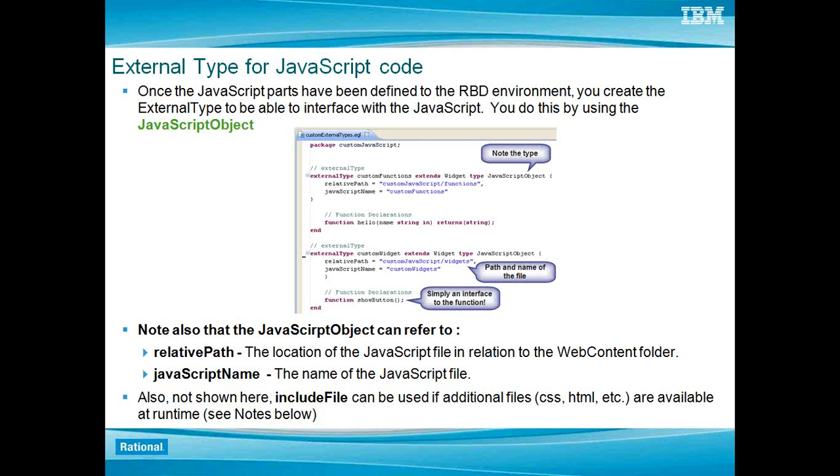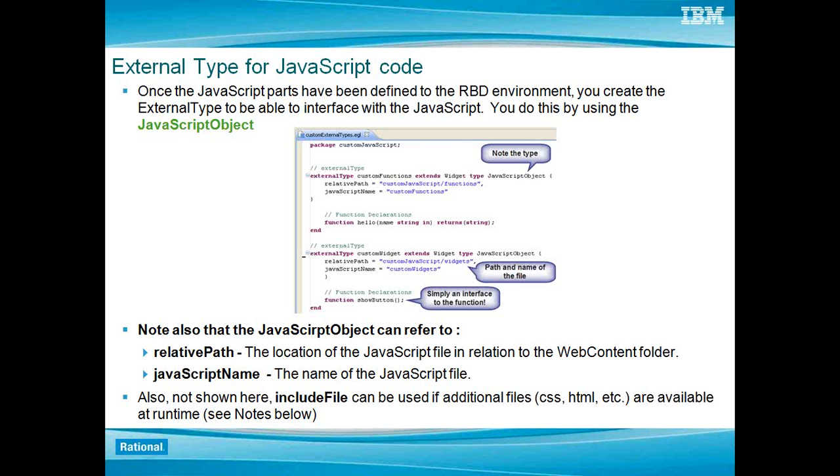So in the same way, we are doing the same mapping with widget class, our custom widget. We have specified the path and name of the file that holds our JavaScript code, and in the JavaScript name we have specified the class name.